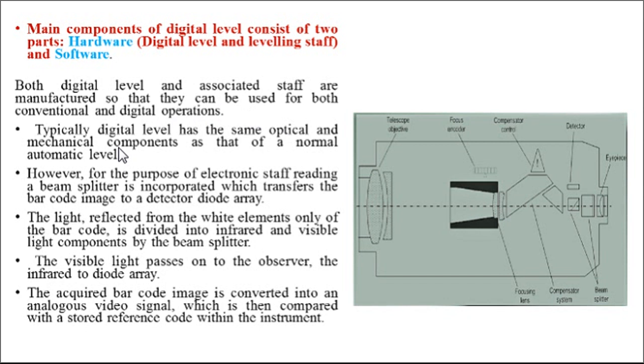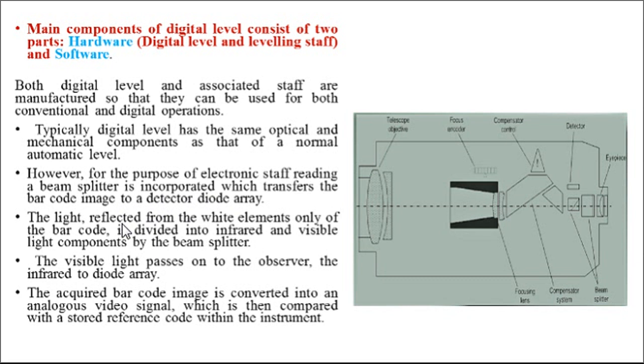Typically, the digital level has the same optical and mechanical components as the normal automatic level. However, for the purpose of electronic staff reading, a beam splitter is incorporated which transfers the barcode image to a detector diode array.